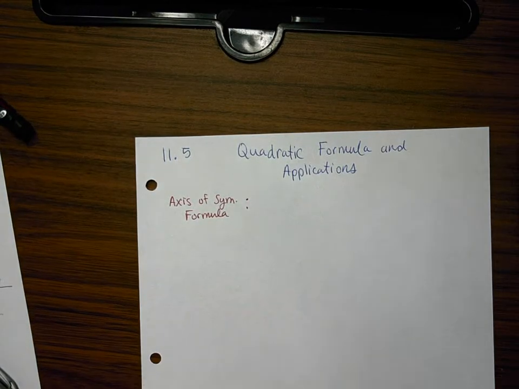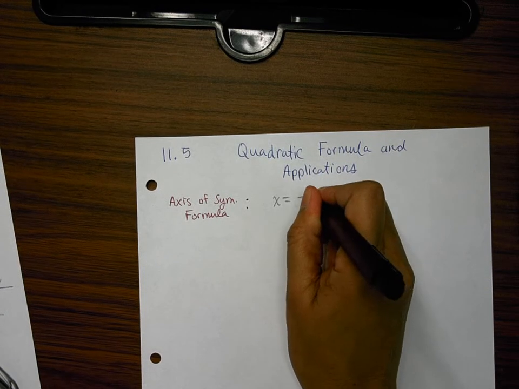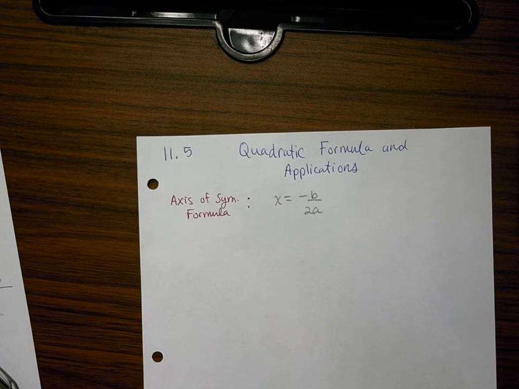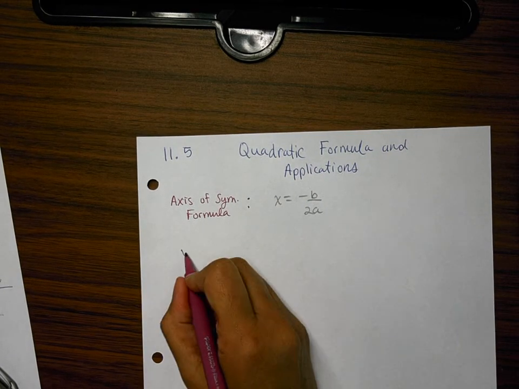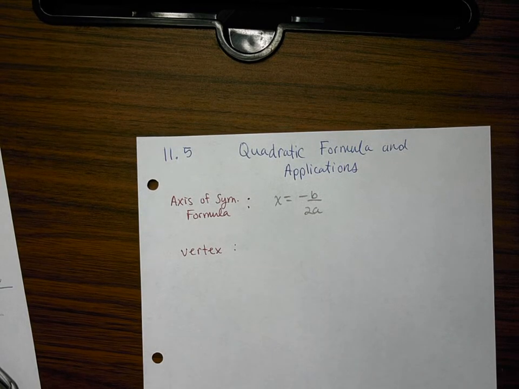Okay, now we're going to find an easier way, and it looks like this. X equals opposite of b over 2a. Opposite of b over 2a. And we're going to use that to find the vertex. And the vertex we're going to find the same way we did in our previous unit.